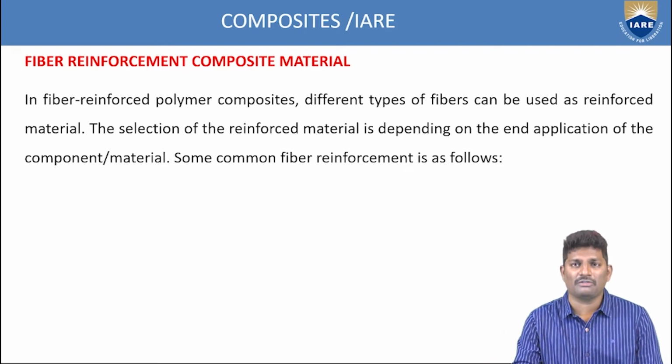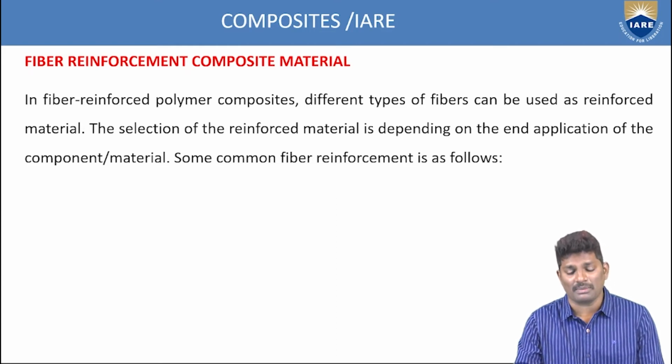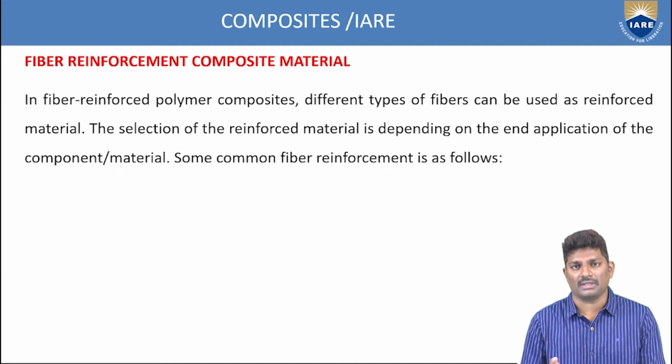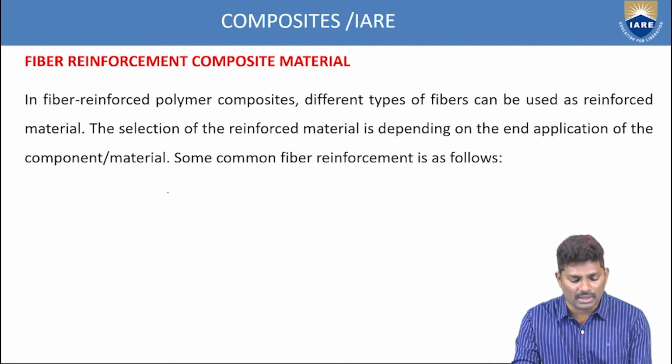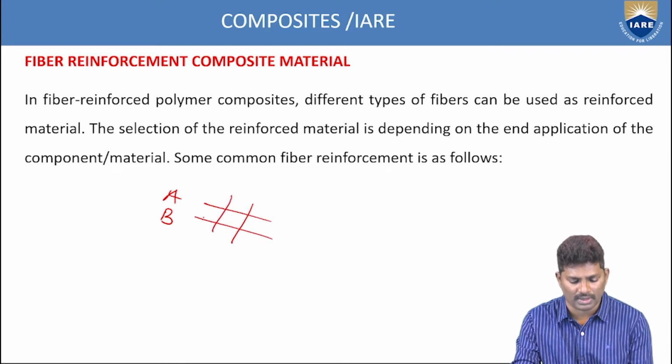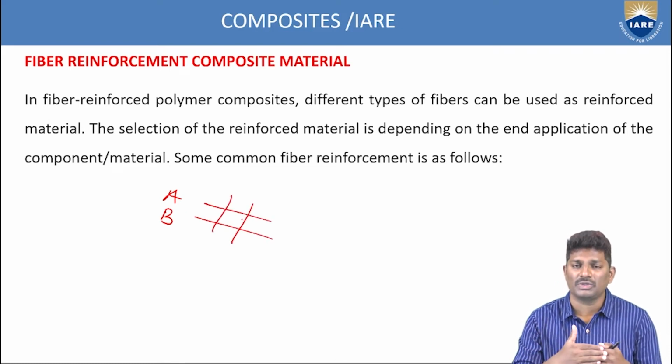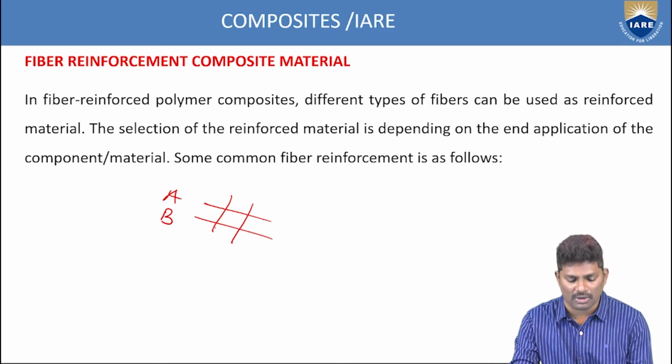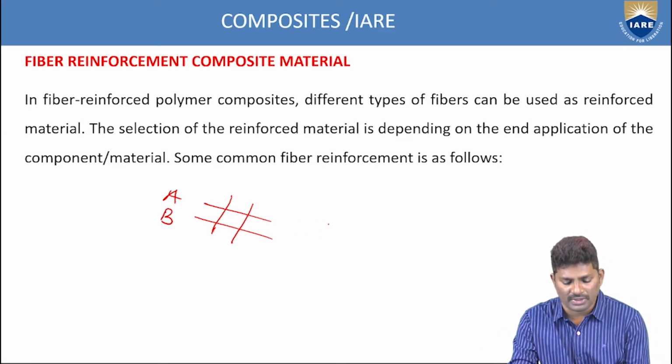So in fiber reinforced polymer composites, we have different types of fibers that can be reinforced material. If you take these two materials, we are trying to bind them into a single form. We are trying to reinforce them very closely with each other, closely packed.